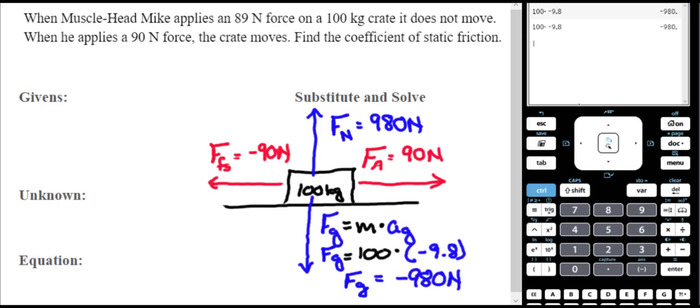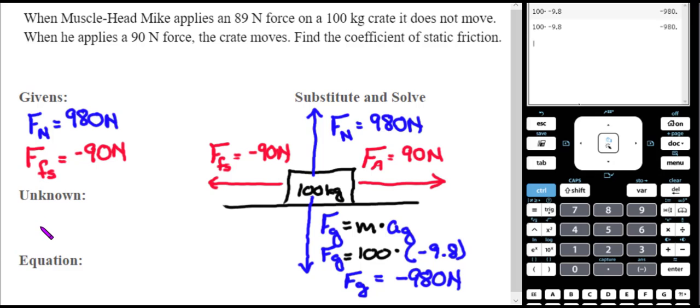Once I have my free body diagram, now I can start the actual process of identifying my givens. So for example, I know that the force normal equals positive 980 newtons, and I know that the force of friction static is negative 90 newtons.